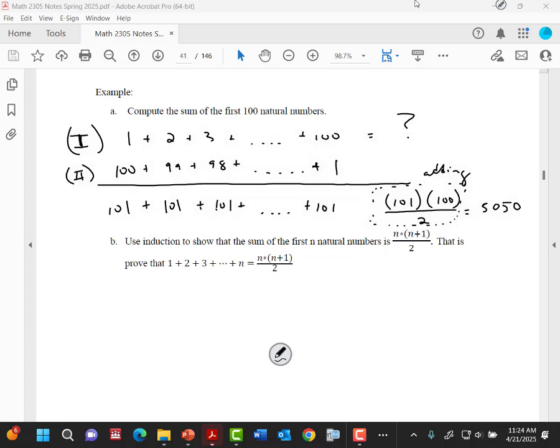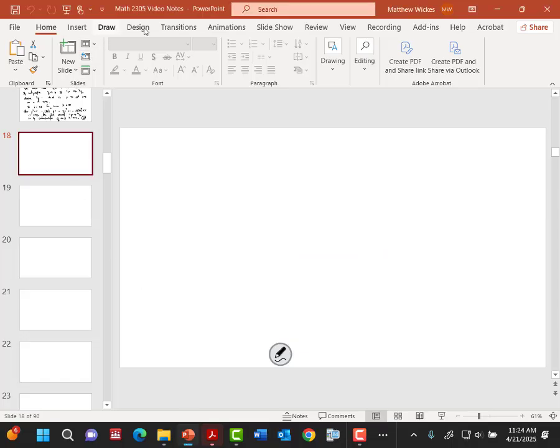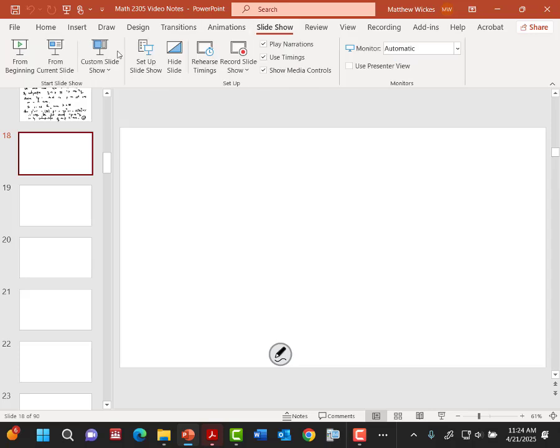So Part B says I wish to use induction to show that the sum of the first n natural numbers is n times n plus 1 over 2. And this is a classic example of proof by induction. So let's see if we can do that.